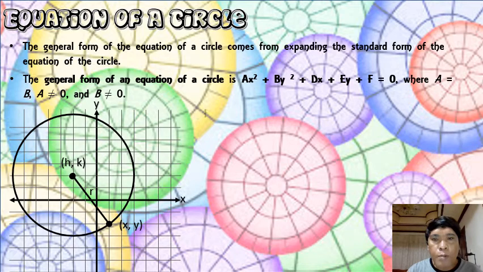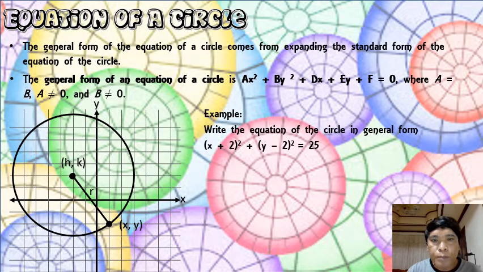Let's take the previous example: (x plus 2) squared plus (y minus 2) squared equals 25. Let us express this equation of the circle in general form.